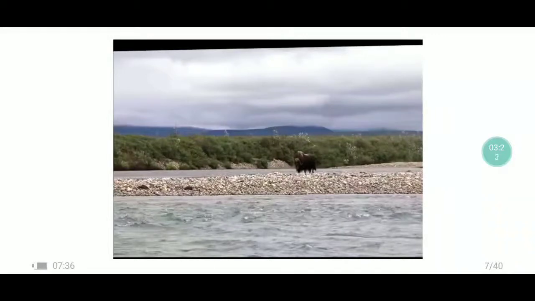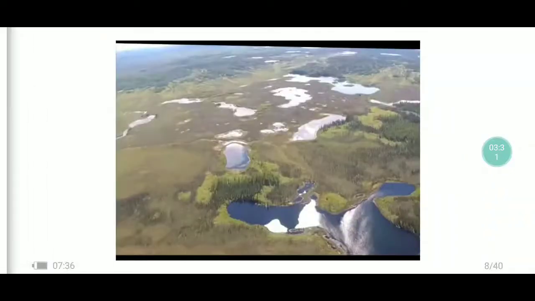There is very little rainfall, ranging from about 15 to 30 centimeters in a year. The land over here is also called the permafrost. It means that we can hardly find any plants or trees growing.